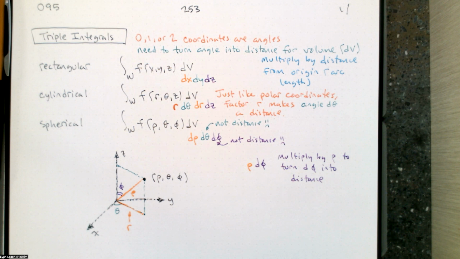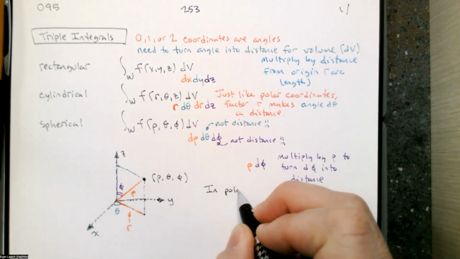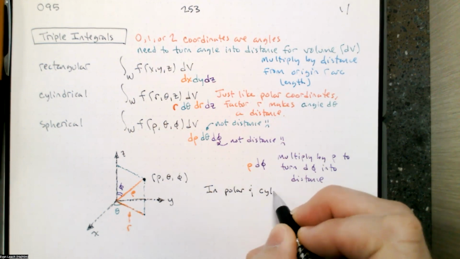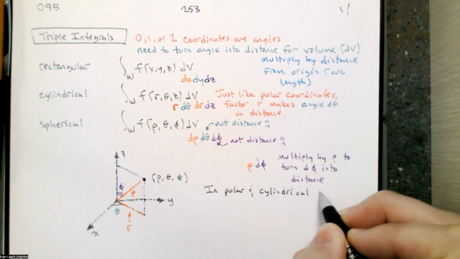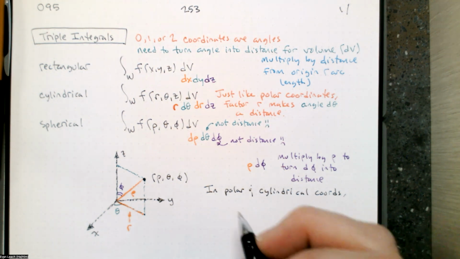The way we turn d theta into distance is multiply by r, but there is no r in this coordinate system. In polar and cylindrical coordinates, we multiply by r to make d theta a distance.